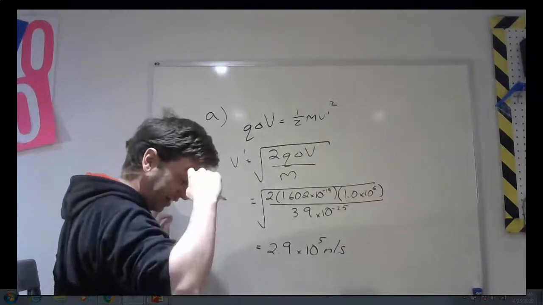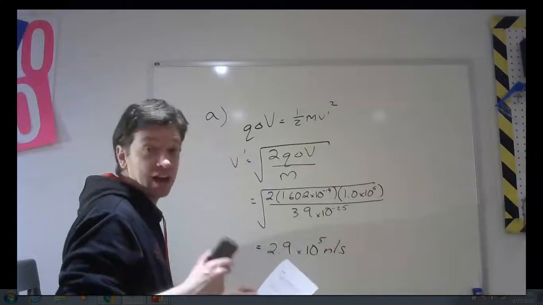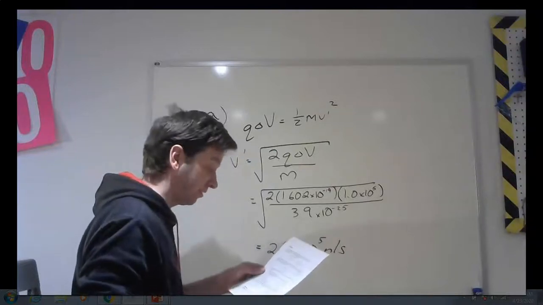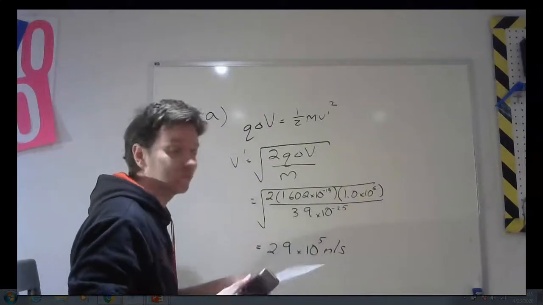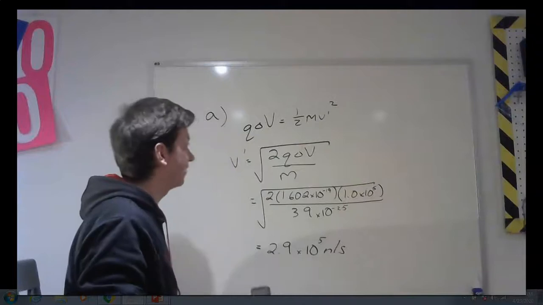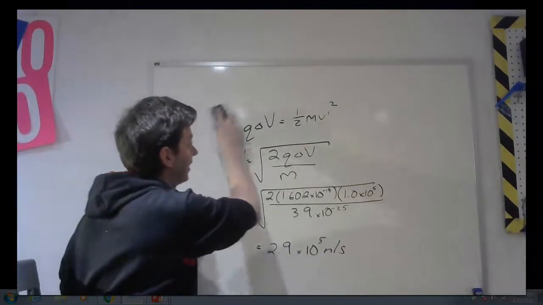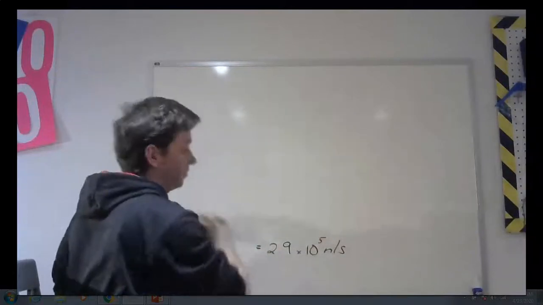That's part A. Part B says, now if it's shot through a magnetic field, what's the radius of the path it would take if injected at 90 degrees, sine theta is 1, into a 0.1 Tesla uniform magnetic field. So this particle gets shot into a magnetic field, and therefore will undergo centripetal motion.